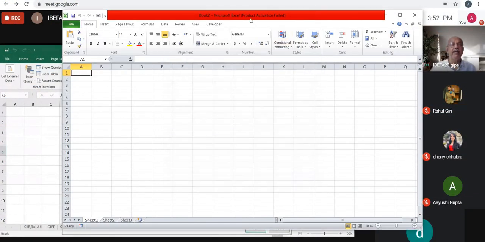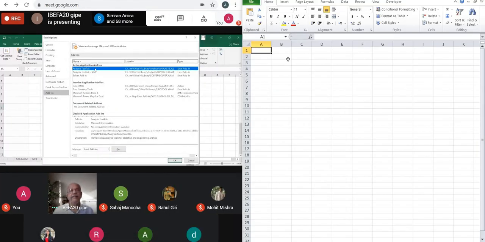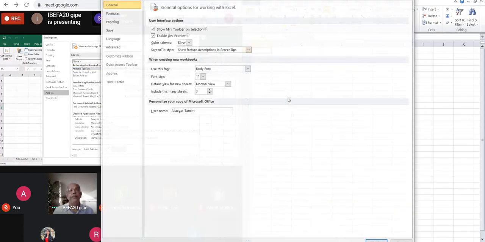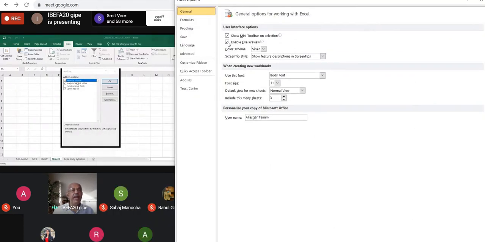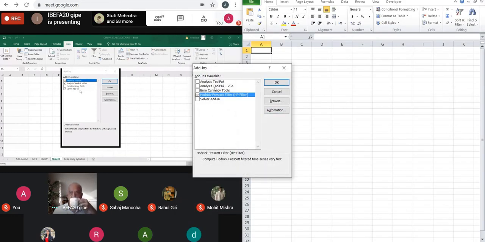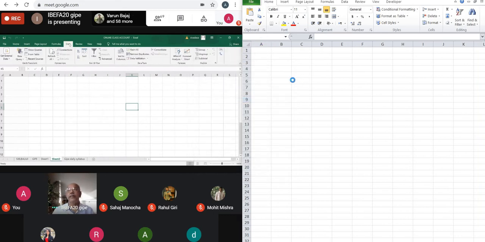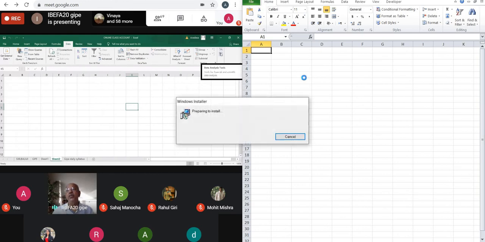Analysis Tool Pack. Go. Select Analysis Tool Pack, Analysis Tool Pack VBA and Solver. So in Data it is available: Data Analysis Tool and Solver.